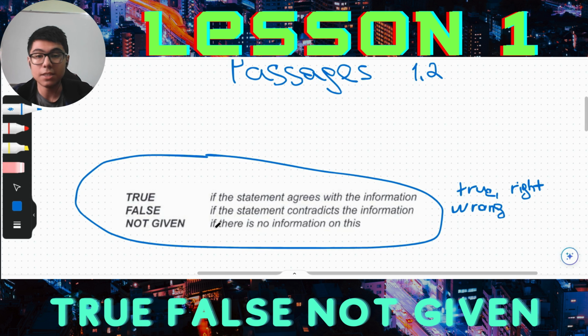What about not given? We can choose not given if there is no information on this. Usually, you're gonna have reference to something. For example, if the question is, he went to the garden, there is gonna be a reference to garden, but there is not gonna be a reference to him going there.